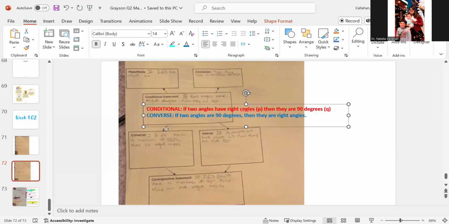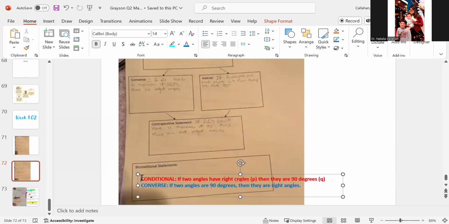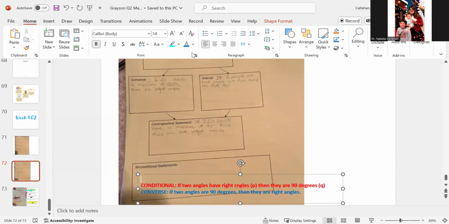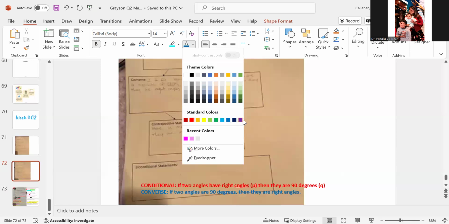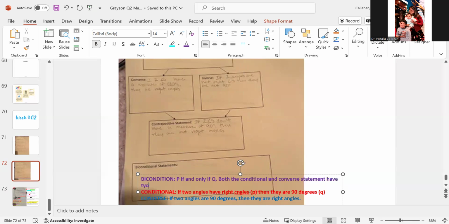Okay, good. Let's go down to the biconditional. For the biconditional statement, write P if and only if Q. Both the conditional and converse statements have to be true.